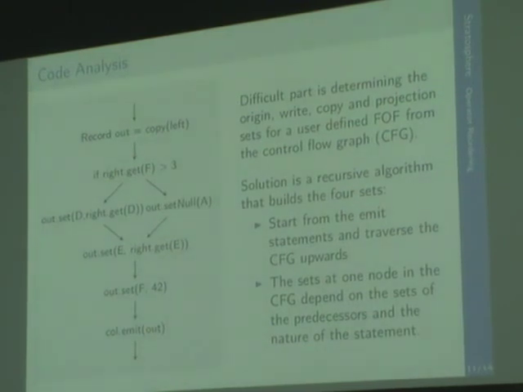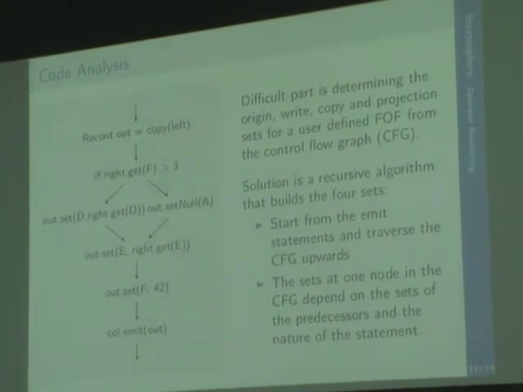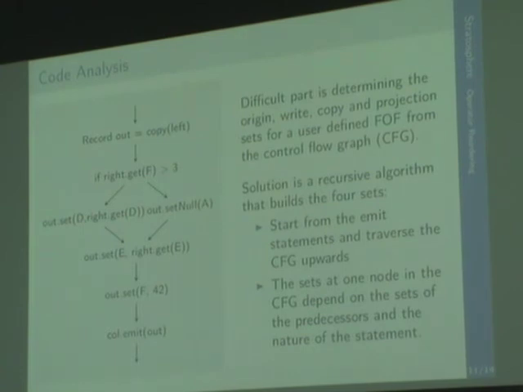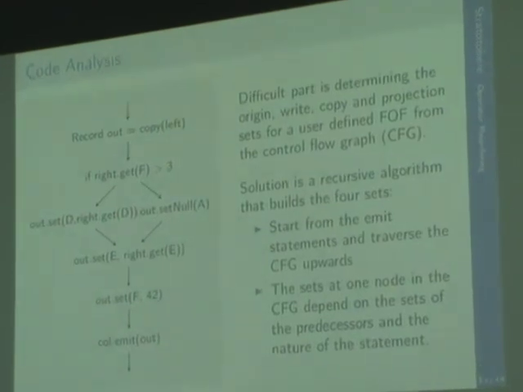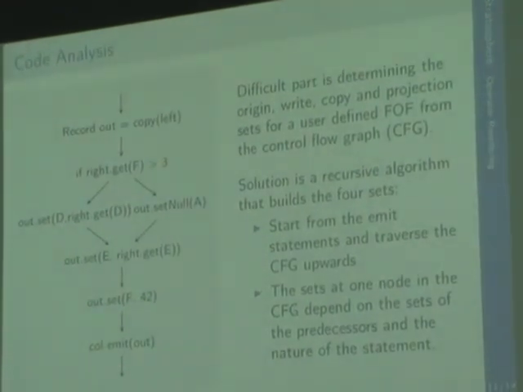And the solution that we came up with is that we start from the emit statements, walk up recursively to either a copy statement or a create statement, and then have for each node in this graph an origin, write, copy, and projection set.